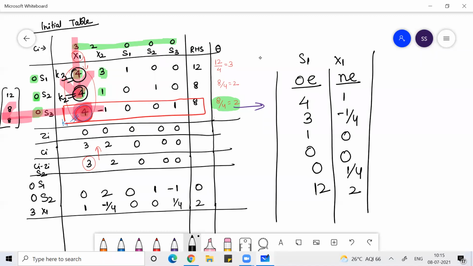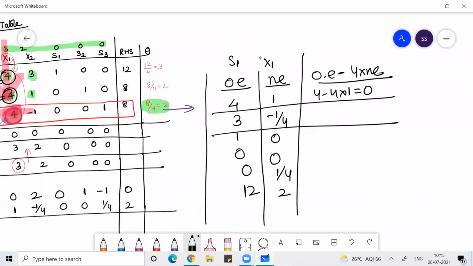And the constant is 4. So you will use the formula: S1 old element minus 4 into new element. 4 minus 4 into 1, that will be 0. Then 3 minus 4 into minus 1 by 4. This is 3 plus 4 into 1 by 4, that is 1, equal to 4.